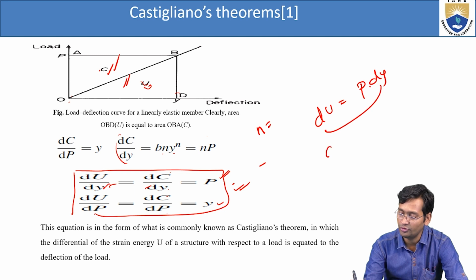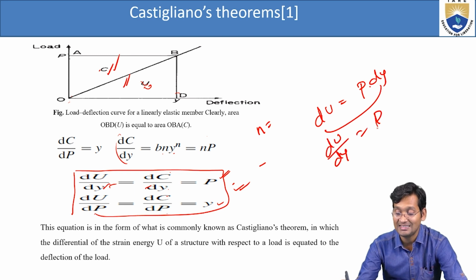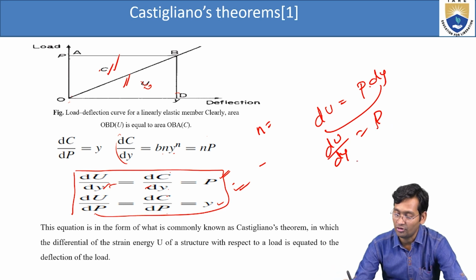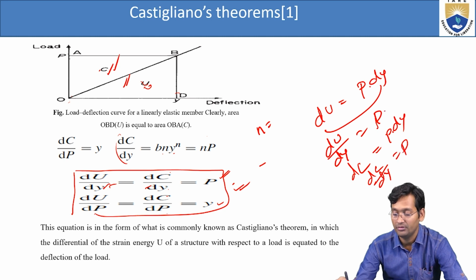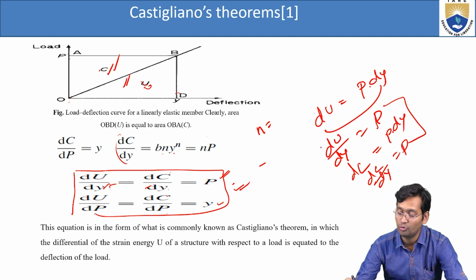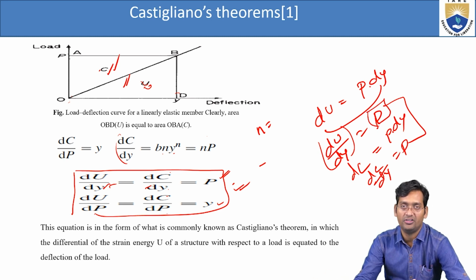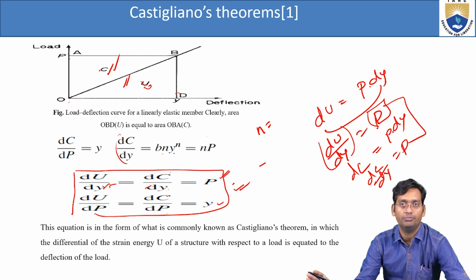Now take this as, so dU by dy equals P. If in both the cases it's valid, then we can say it's Castigliano theorem, or dC equals P dy, so dC by dy equals P. When these things are the same, meaning both must equal the applied force P, then it's Castigliano theorem. If it is not equal, then it's not Castigliano theorem.